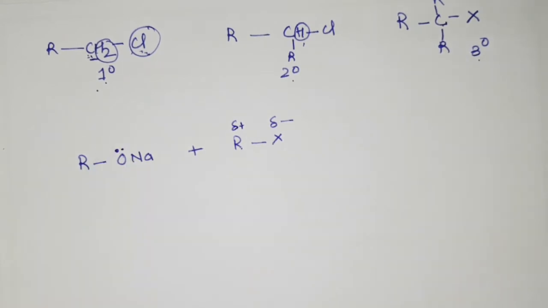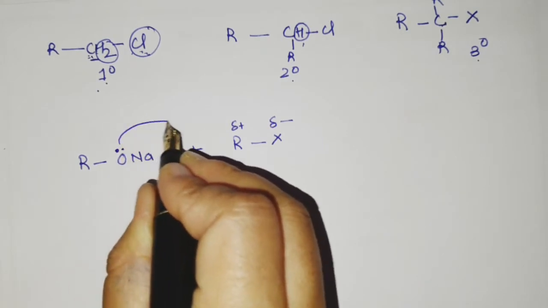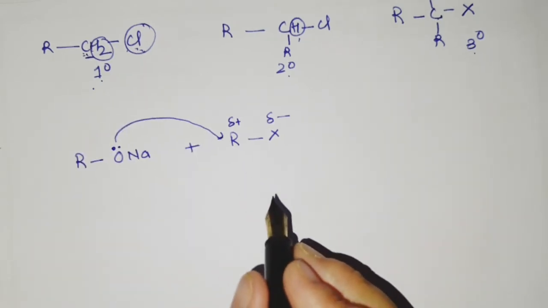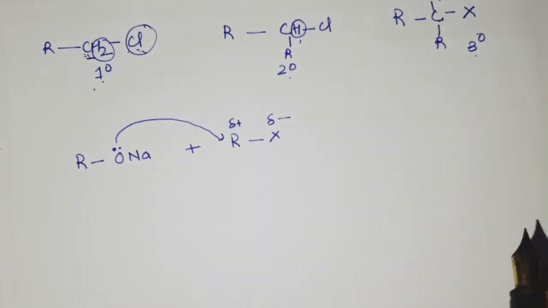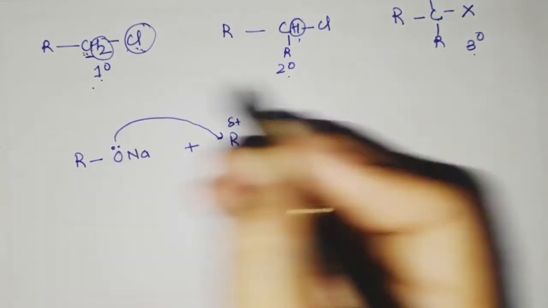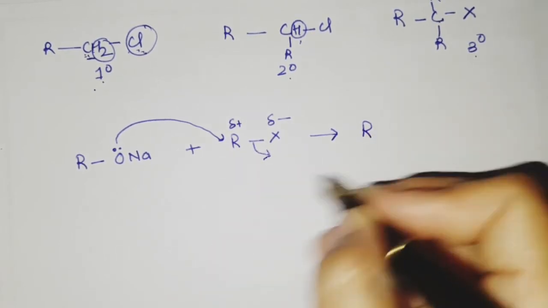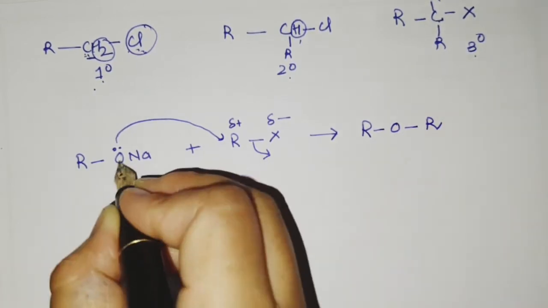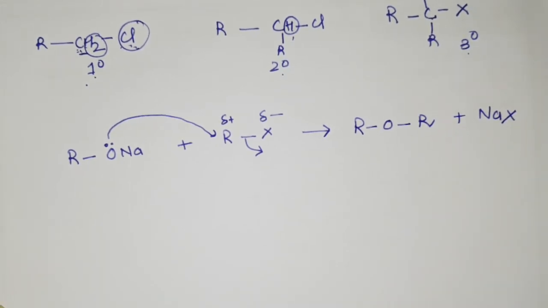Oxygen has a lone pair, so it acts as a nucleophile. A nucleophile is any species with a negative charge or lone pair that attacks the carbon atom. It attacks, and the halide leaves as halide ion. So you get R, O, R, and NaX. This is what happens in the reaction.